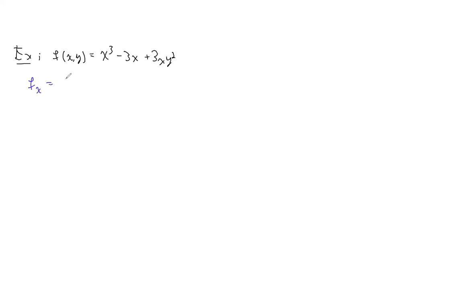Okay, well, fx, we take that derivative, again, for finding them. 3x squared minus 3 plus 3y squared is equal to 0. And fy, meanwhile, is 6xy. And that has to be 0.